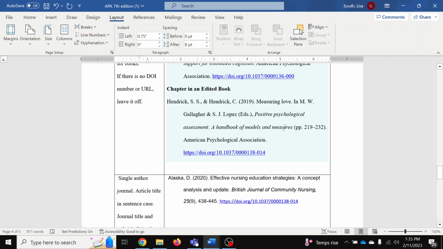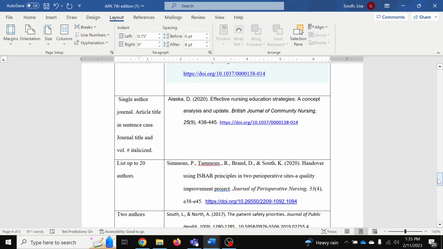It's italicized and it's mostly lowercase except for the first word. Okay? And we'll put page numbers. If there's one page, you put one P, P 219. If there's more than one page, there's more than one P. Go figure. PP 219 to 232. Pretty cool.